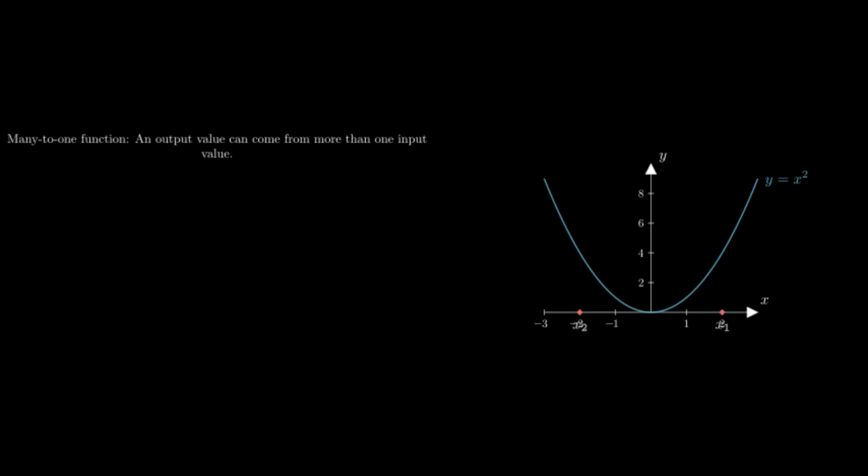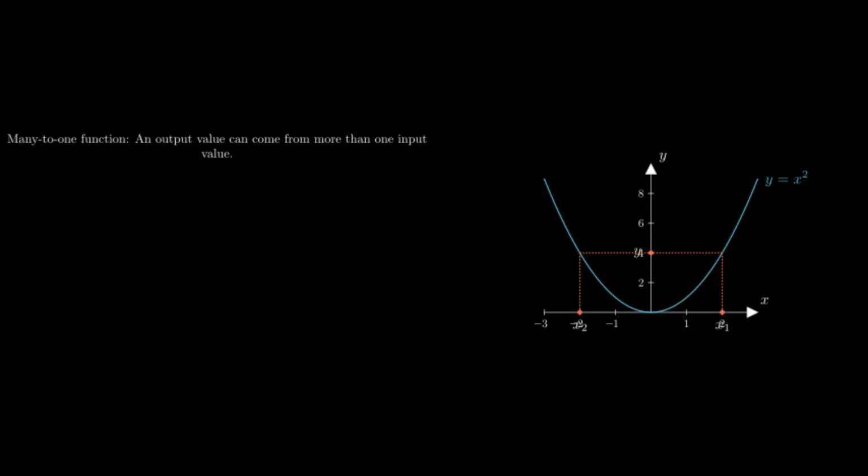On the other hand, we have many-to-one functions. As the name suggests, this is where it's possible for different inputs to lead to the same output. The most common example of this is the quadratic function. Consider the graph of y = x². Let's pick an output value, say y = 4. What input or inputs give us 4? Well, 2 squared is 4, but also -2 squared is 4.